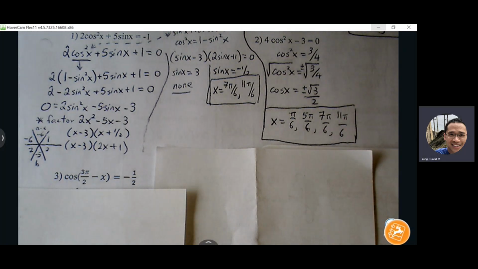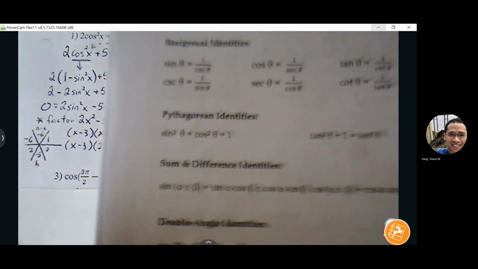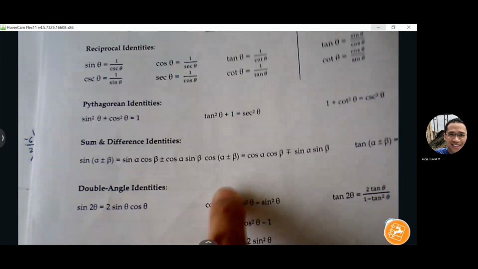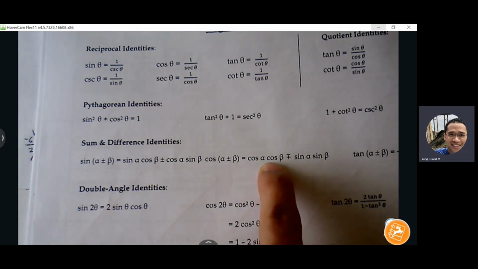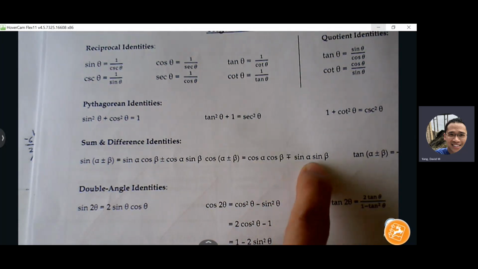Yeah, sum or difference identity. So look on your formula sheet, find that difference identity for cosine. Cosine of a minus b is cosine a, cosine b plus sine a, sine b.